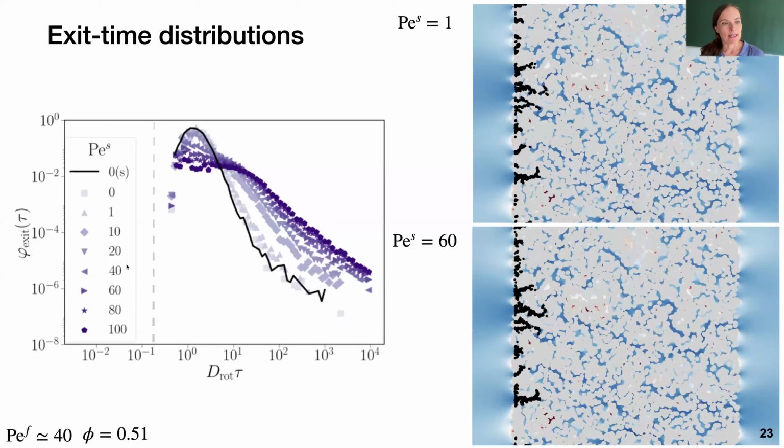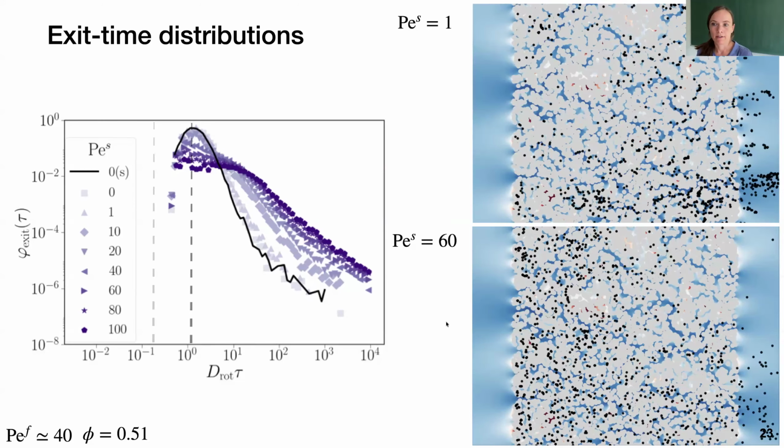But what is quite striking is that if you increase the swimming Péclet number, we start to see these really long tails. And I'm going to just show you a few snapshots so you can see what that means. So at short times, we have two snapshots for two swimming Péclet numbers, and at short times, these look very similar.